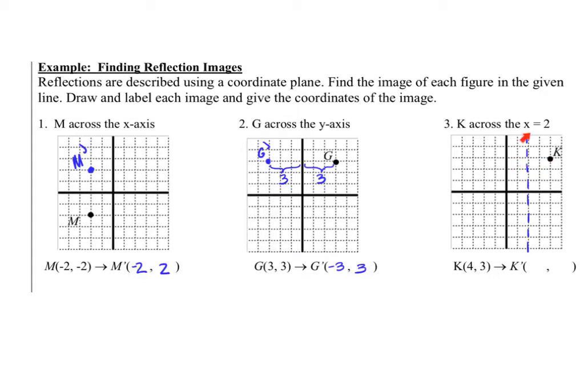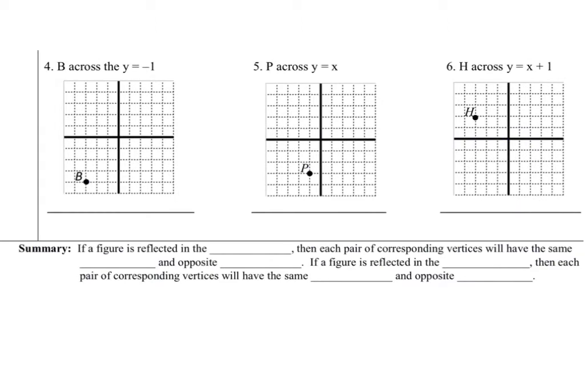To reflect it across this line, we make the image 2 units away from that same line. So that will put K prime at 0, 3.